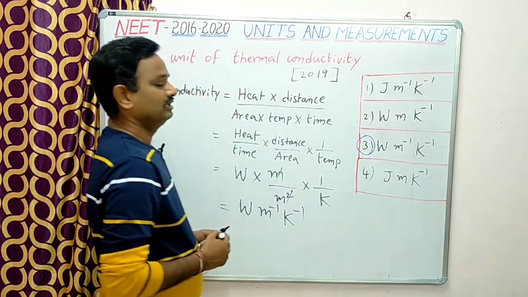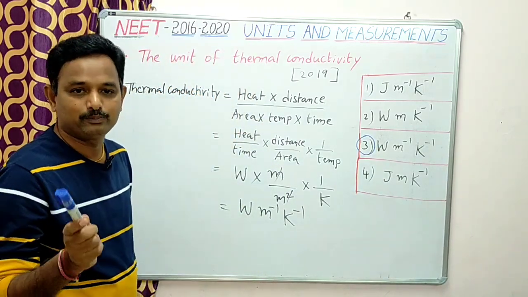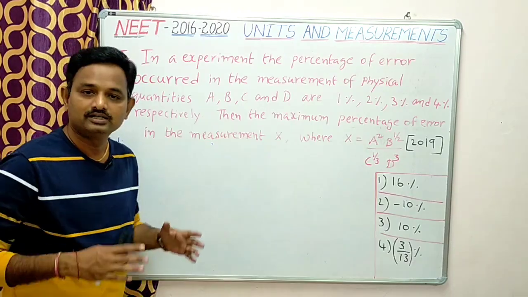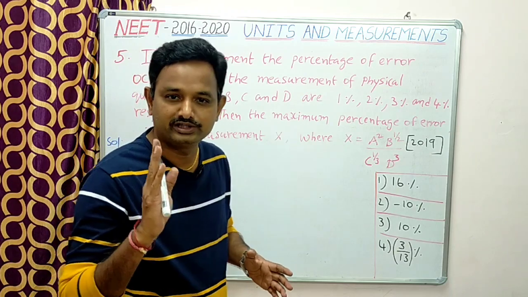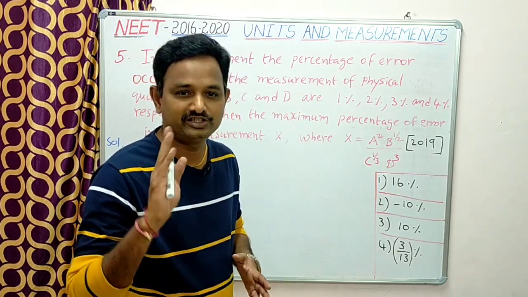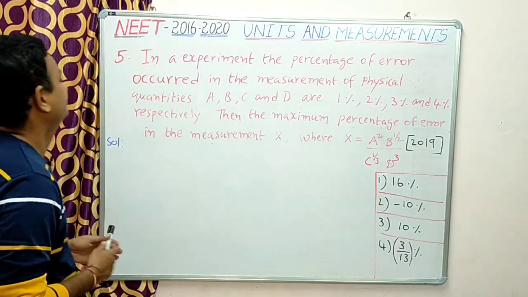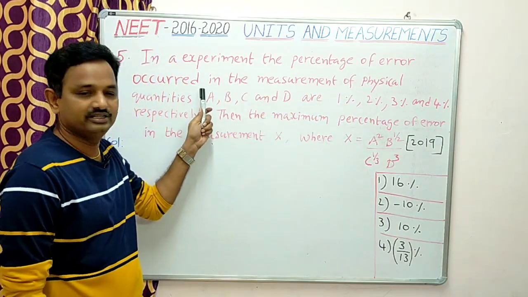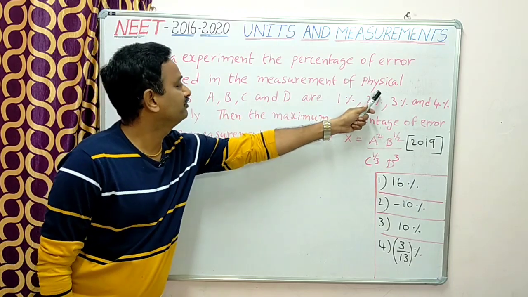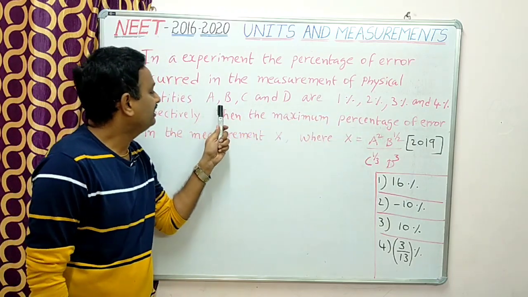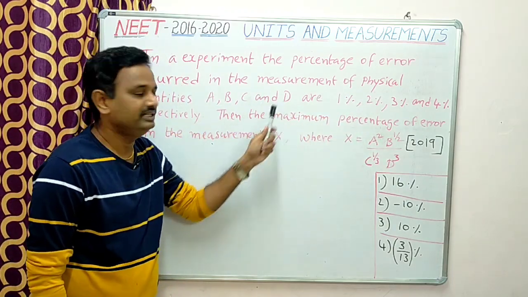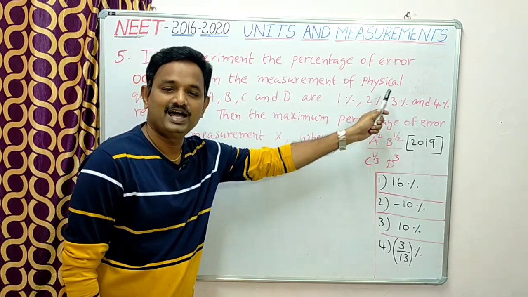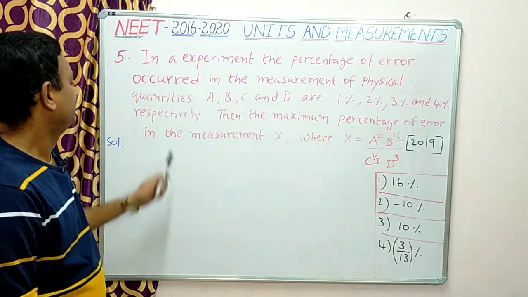Okay. Next we will go for second problem in 2019. Now second problem in 2019, that is on percentage of error. Look at here. In an experiment, the percentage of error occurred in the measurement of physical quantities A, B, C and D are 1%, 2%, 3% and 4% respectively.